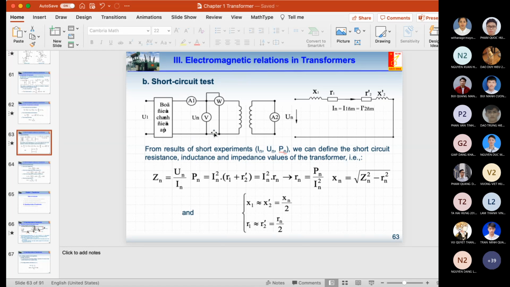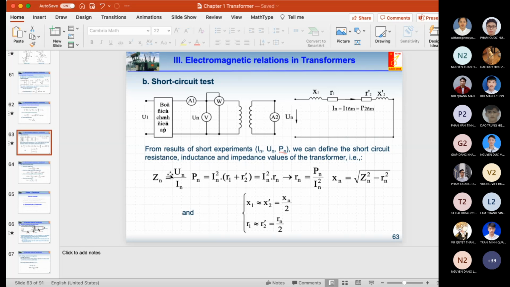From this experiment, I would like to introduce you quickly in theory, because I'm not the staff who guides you how to do the experiment. You can define some parameters like the short circuit current, short circuit voltage, and short circuit power of the transformer.